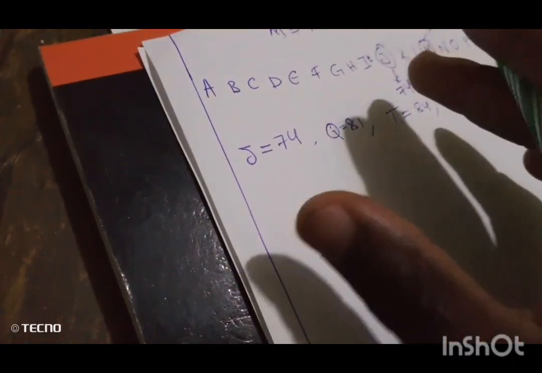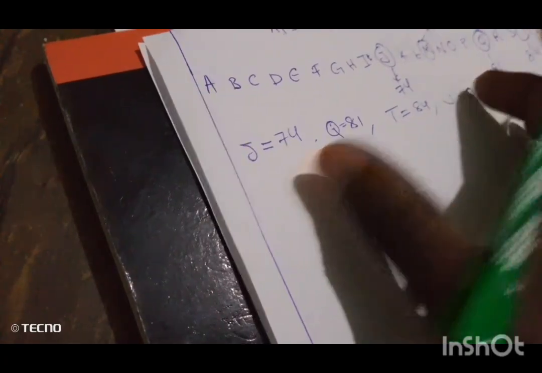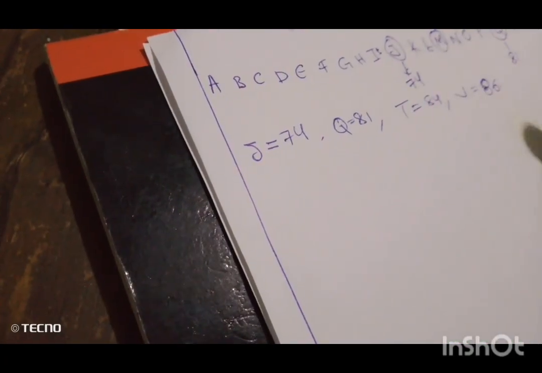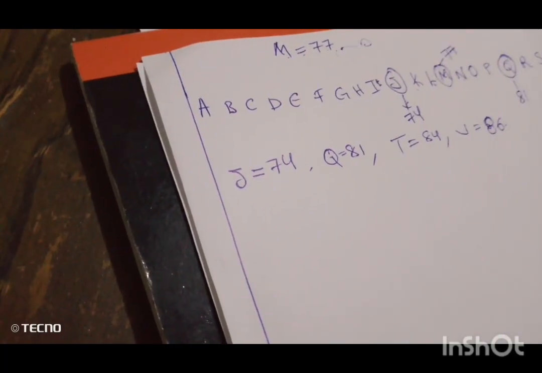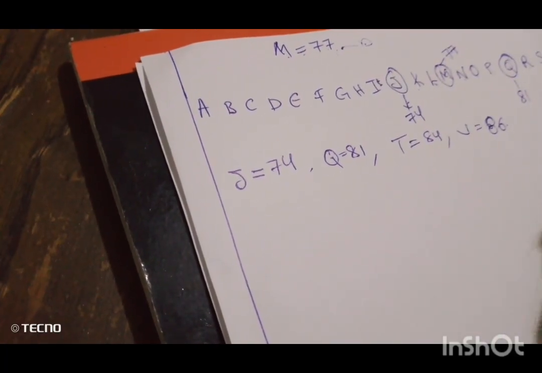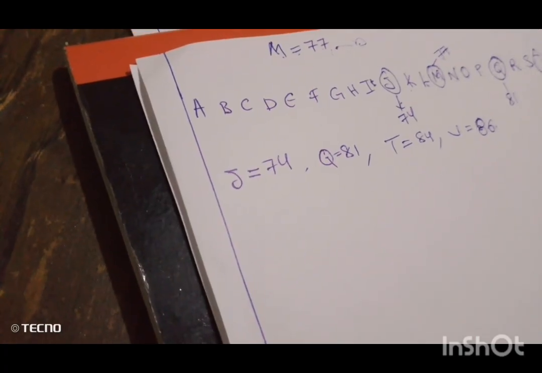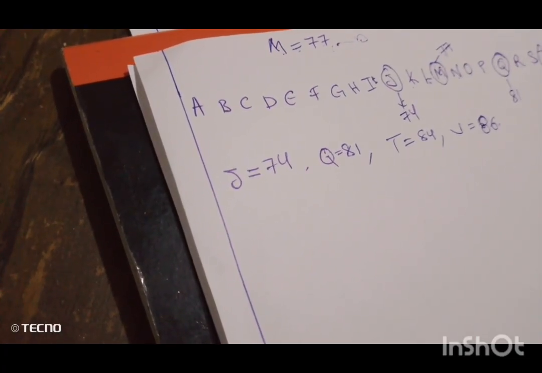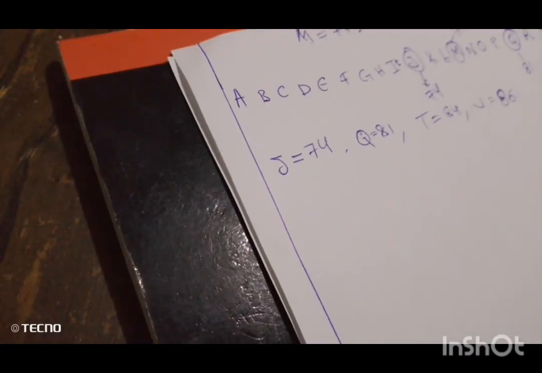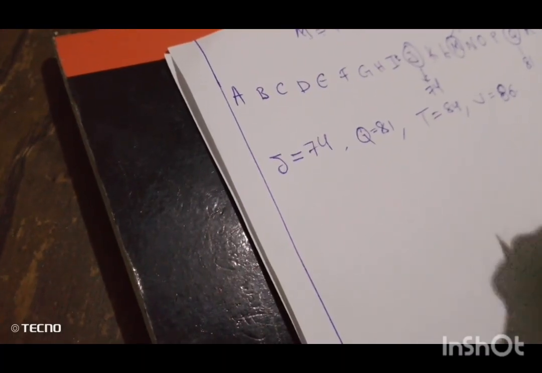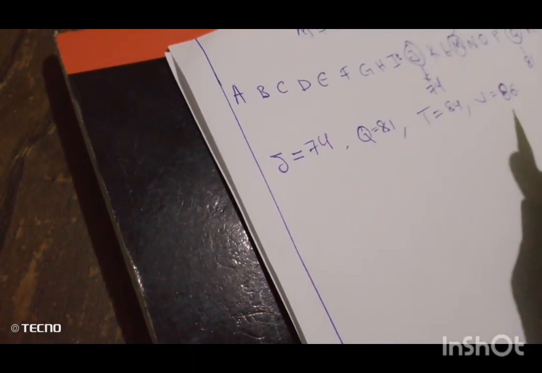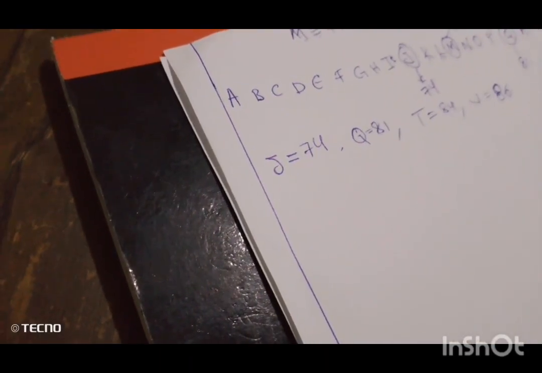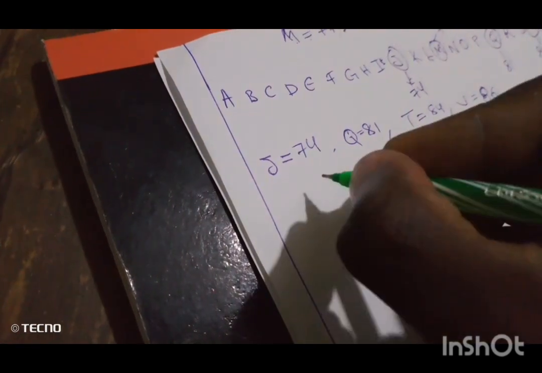Our last goal is to change these numbers back to base 2, because the number m was given in base 2, so they require us to leave our answers in base 2. To change this to base 2, I'm going to use the ladder method.